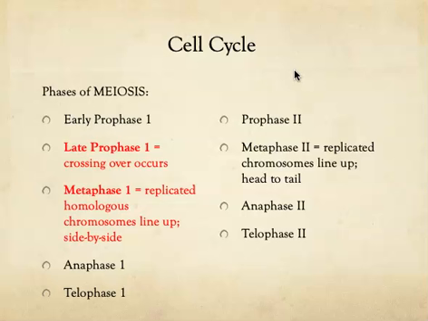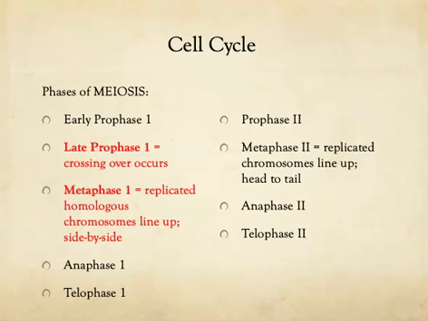And you can see that a lot of the individual names of the stages within meiosis are the same as what we saw in mitosis, but there are some important differences. First of all, you'll notice that there is no prometaphase going on in meiosis. It's important to know that the process where the nuclear envelopes are breaking down is happening during meiosis.